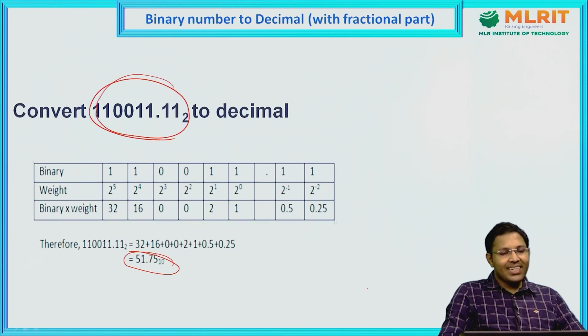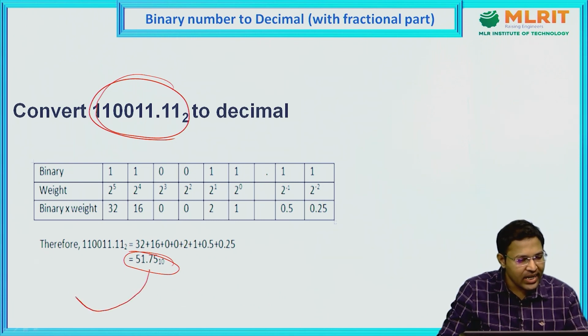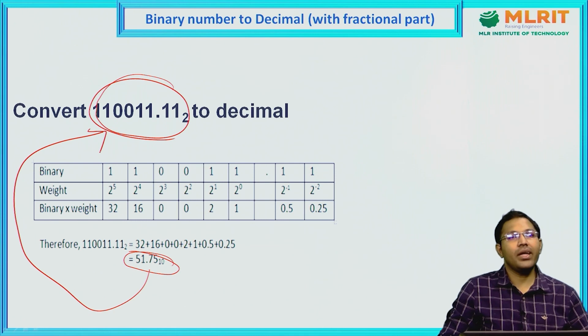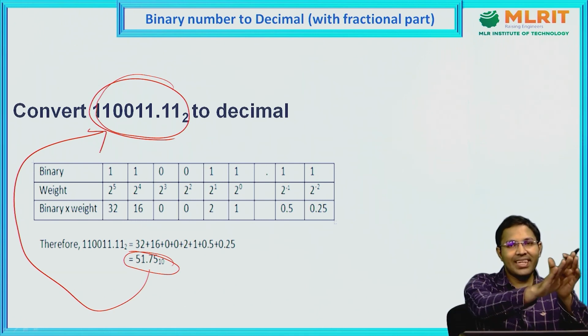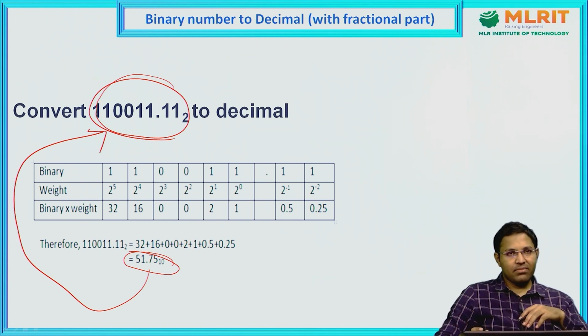In the previous slide we saw binary to decimal. What I will ask students to do is try to convert this one back, and you should get back this, using the techniques I taught you in the previous slide.